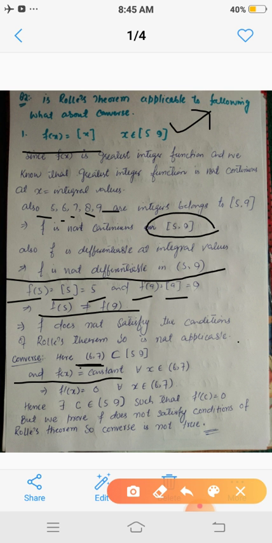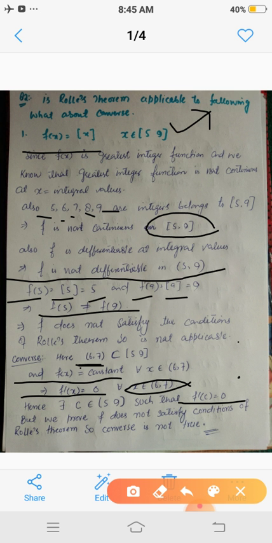When f is constant, f dash of x equals 0 for all x which belongs to this subset of the given interval, that is the open interval 6, 7. Hence in particular, if we consider a point c which belongs to 6, 7, then f dash of c equals 0. But this open interval 6, 7 is a subset of the closed interval 5, 9, which implies that there exists a point c in the open interval 5, 9 such that f dash of c equals 0.